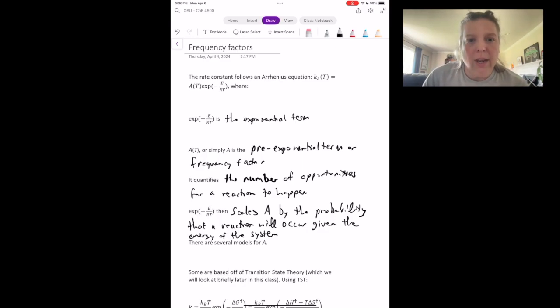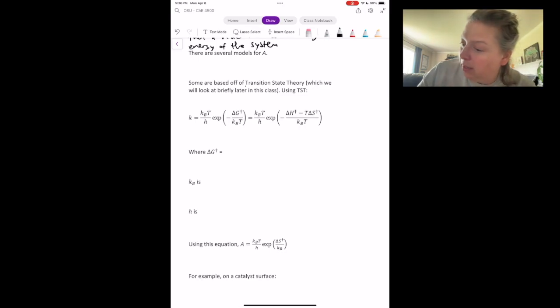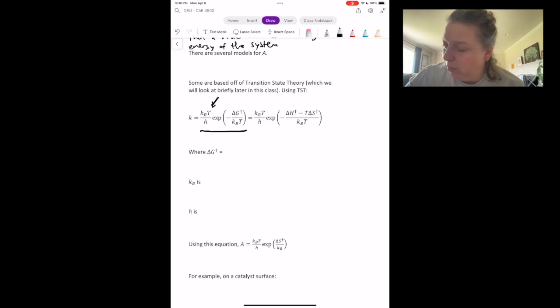All right, so there's several ways that we can estimate frequency factors. Some of these are based off what we call transition state theory. In transition state theory, the rate constant is going to be equal to some term, and I'll explain that in just a minute, times the exponential of the change in free energy between the transition state and the reactants divided by kB times T, and I'll explain what that is also in just a second.